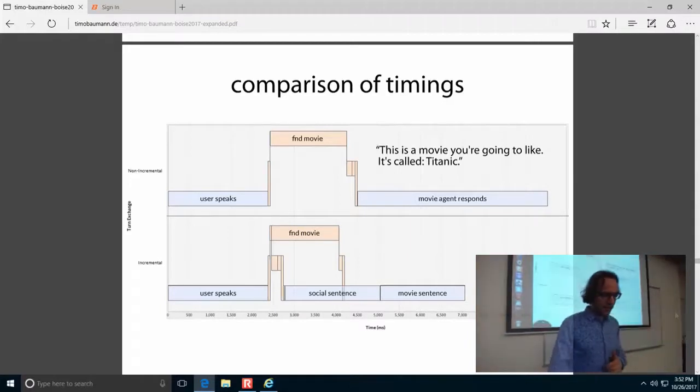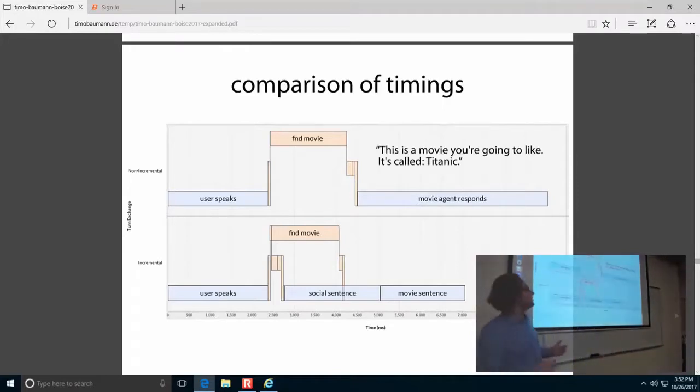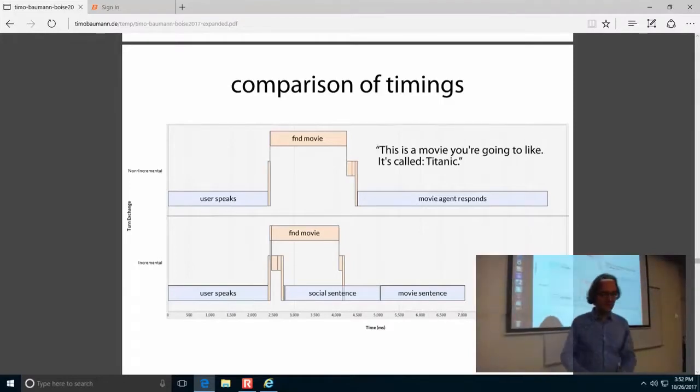So we would be saying things like, this is a movie you're going to like. It's called Titanic. Or we might say things like, oh, even you might find that funny. Or, wow, given your excellent criteria, I found this movie, it's called Titanic, and so on.